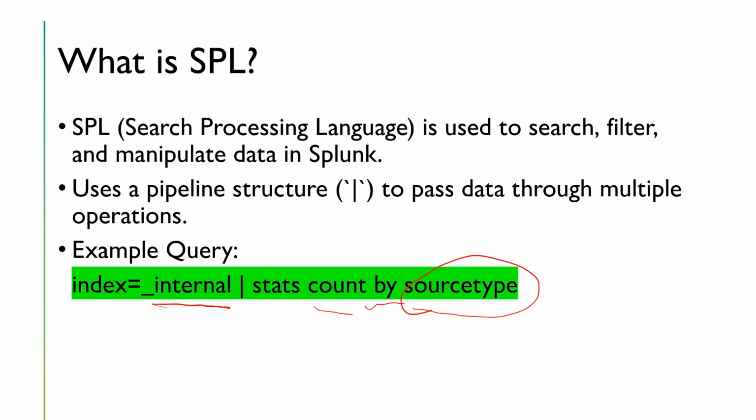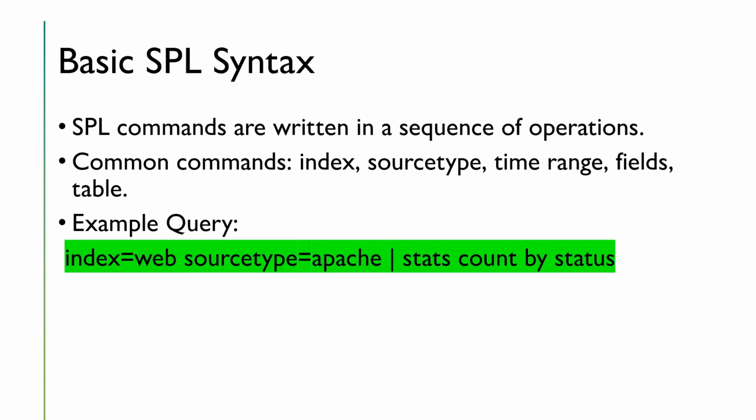Now moving to the next slide. SPL syntax, as I said, follows the pipeline structure by passing data from one command to another. The operation that's happening in the first command is used by the next command that follows the pipe, right?